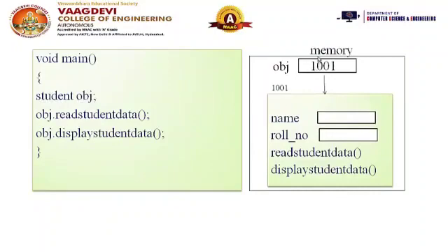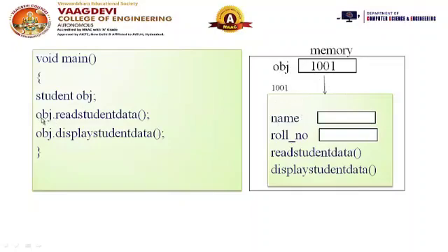When the object is created, it will allocate memory to the student class, which is the actual object whose address 1001 is assigned to obj. Therefore, the obj object is created as shown in the memory.